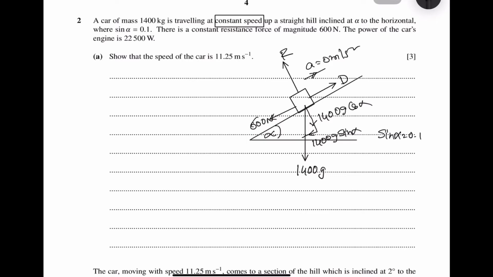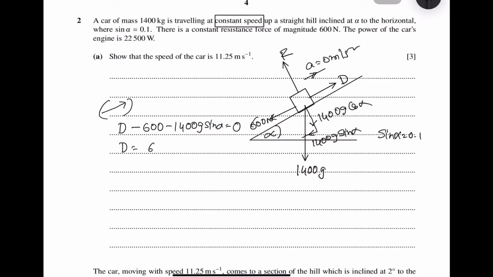Now let me find out the driving force. So if I resolve along the inclined plane, D minus 600 minus 1400 g sin alpha equals mass times acceleration. Acceleration is 0, so this will be 0.